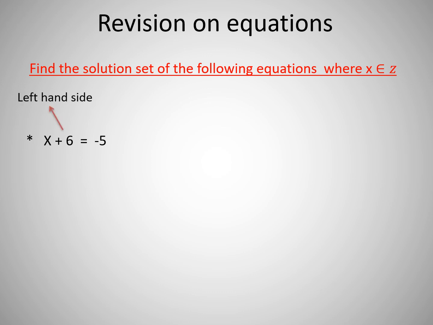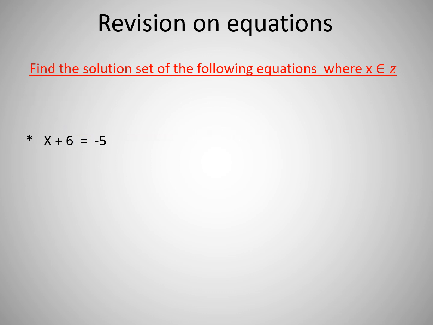We have two sides and between them an equal relation. The left hand side is x + 6 and the right hand side is -5, and between them equal, the symbol of equations.